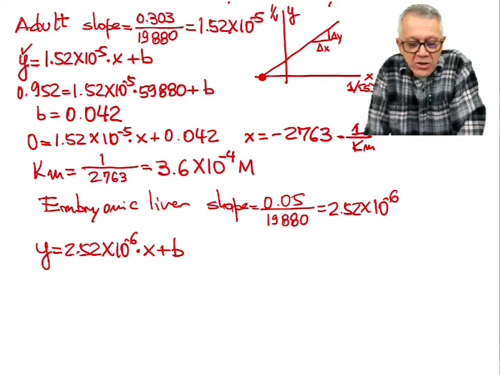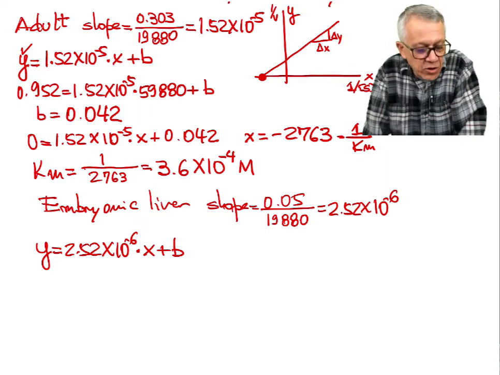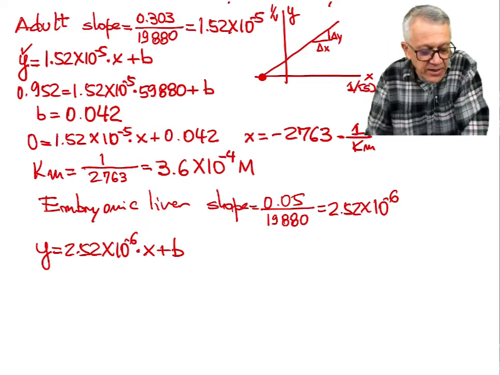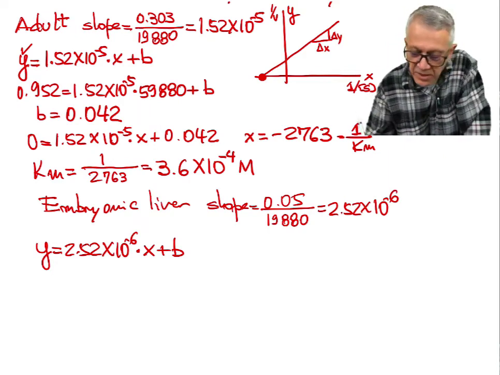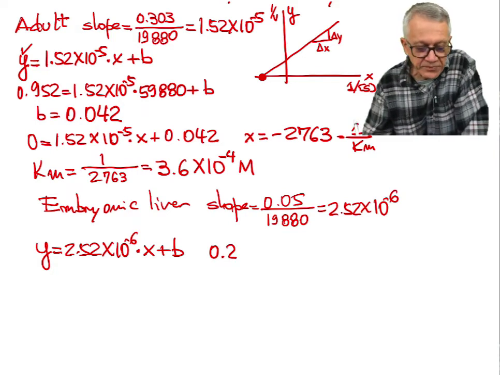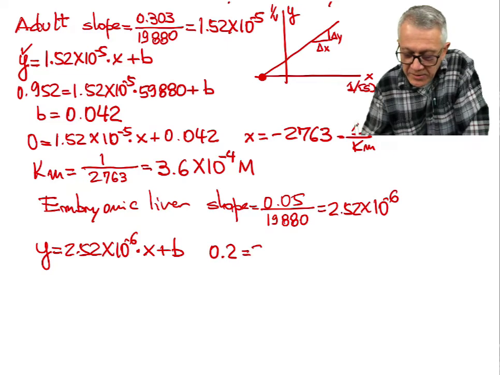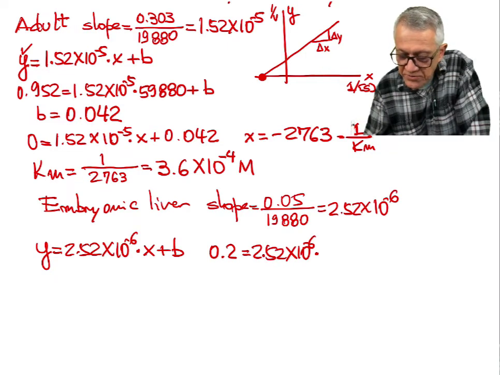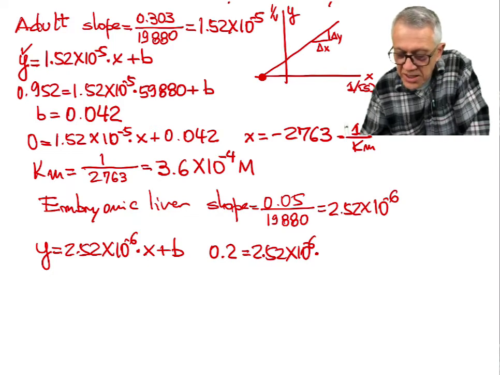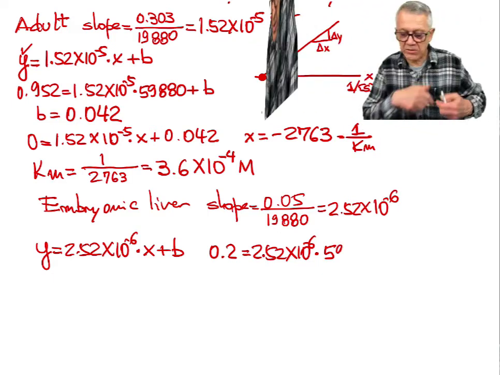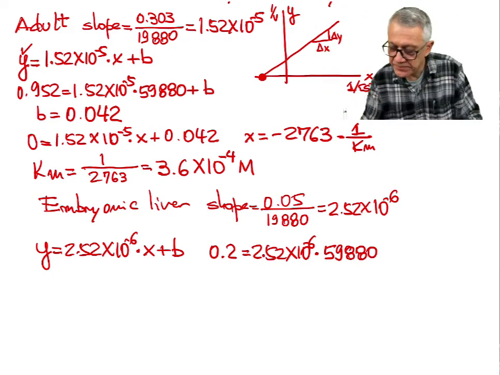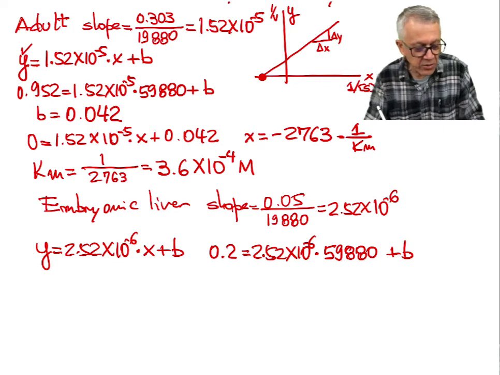Now we go back and use the values from the embryonic and plug in and get b, right? So let's do that. For example, the first one was 0.2. It was the y, and the x was the same, 59,880, plus b. So let's calculate b from here.